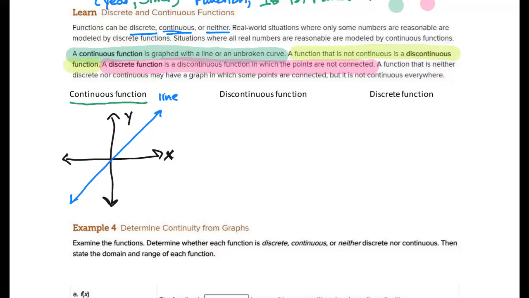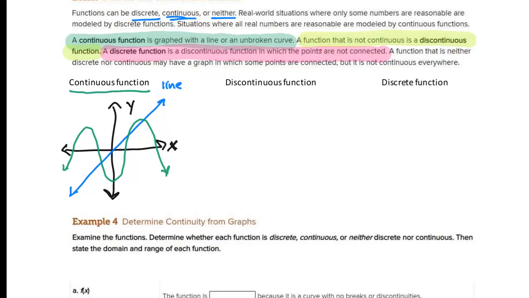Or it could also be a curvy line, but remember, you have to be able to use that vertical line test. You can't have the vertical line hitting it in two places. So both of these show continuous functions.